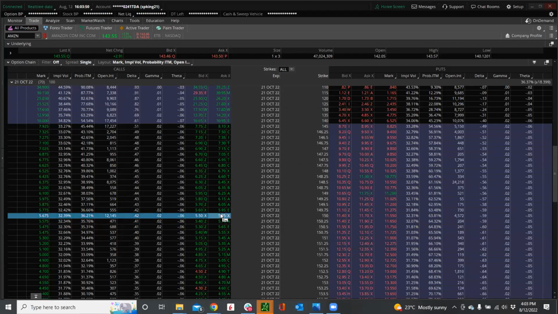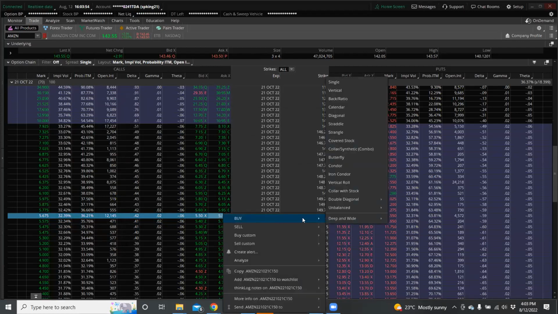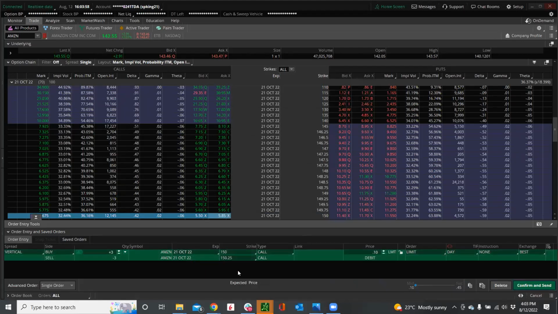I hovered over the buy here. I right clicked. I went buy vertical, and it automatically populated this. And again, I have my default set to 3 contracts, but you can do as many contracts as you want. So let me go back to here, and I'm going to do the 155.